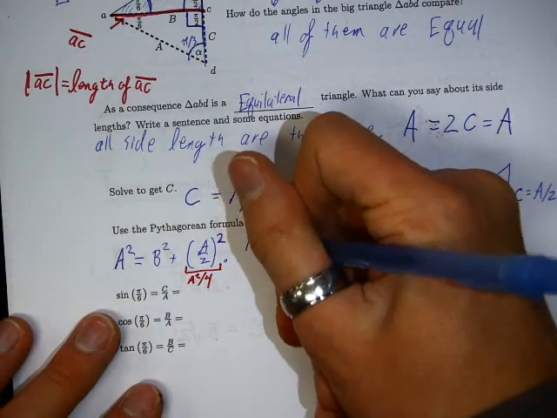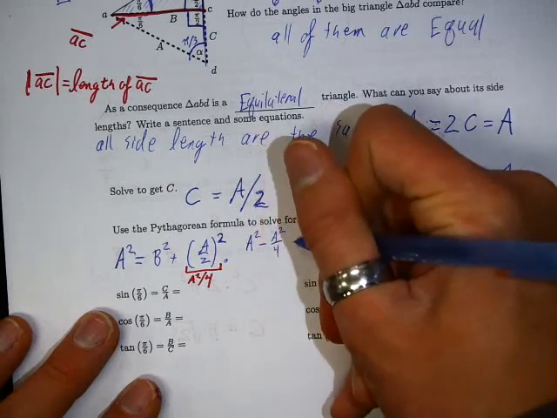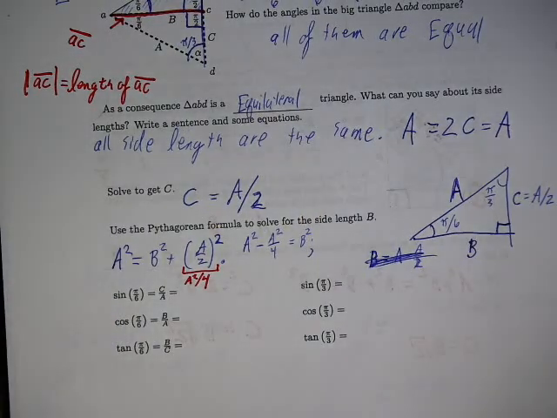So A squared minus A squared over 4 is equal to B squared. So what are you left with if you take A squared and subtract a quarter of A squared from it? Yeah, 3 quarters of A squared or 3A squared over 4, whichever you like.